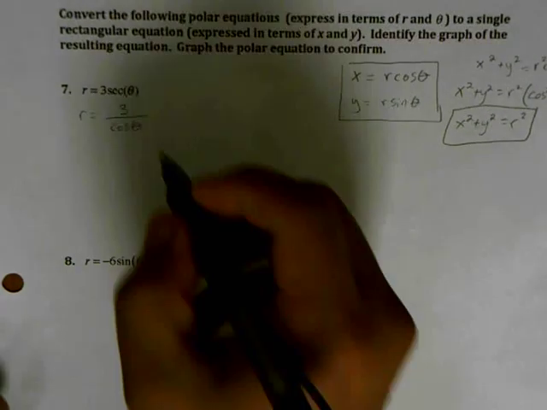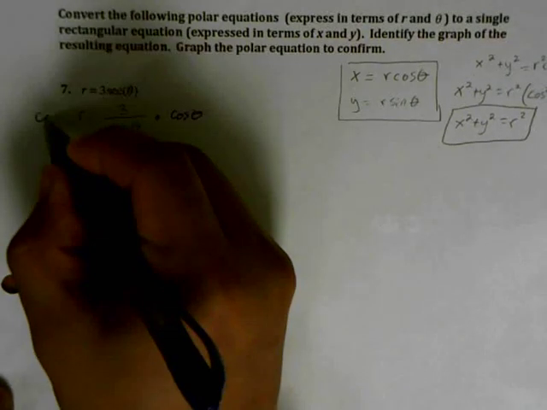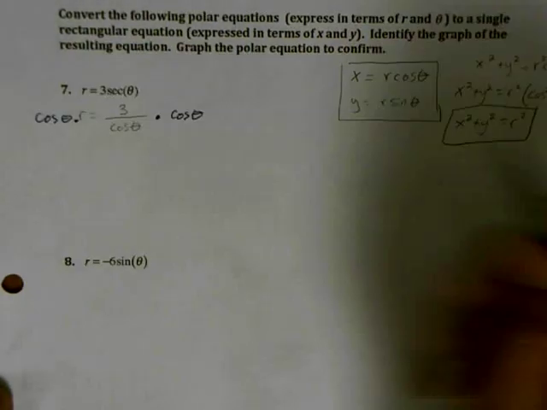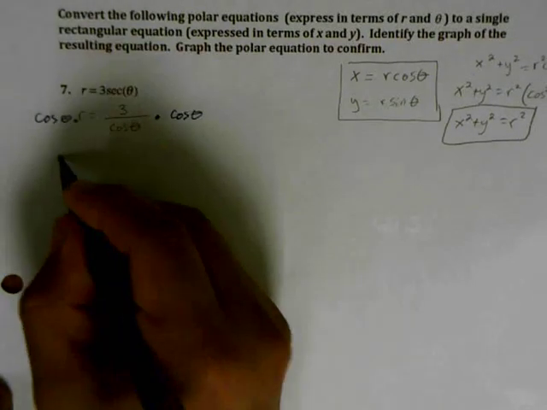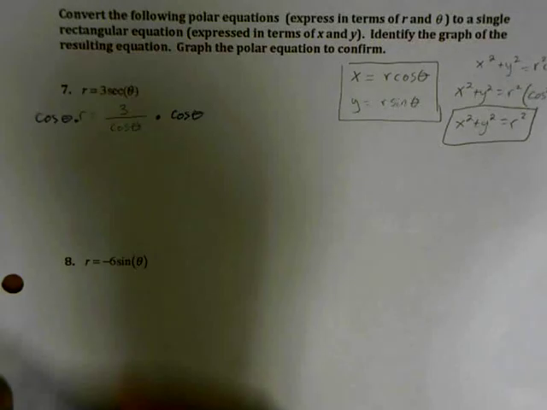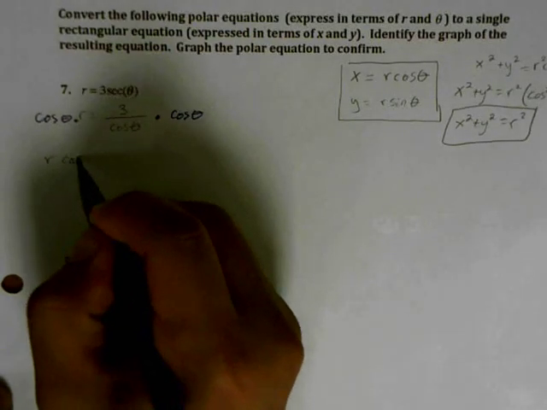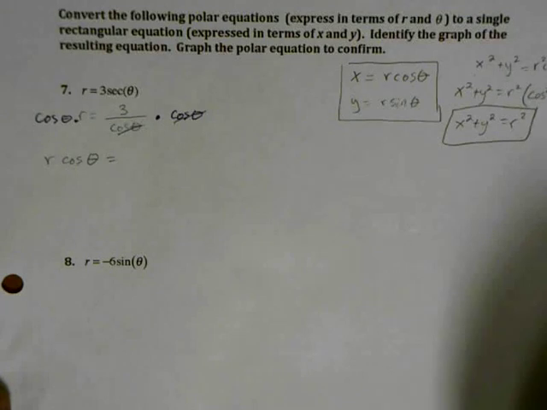So what I can do next is multiply both sides by cosine of theta. And now I'll get r cosine of theta on one side. On the right side, cosine and cosine cancel.